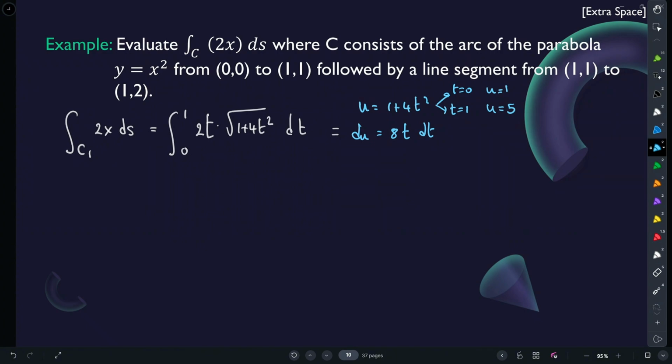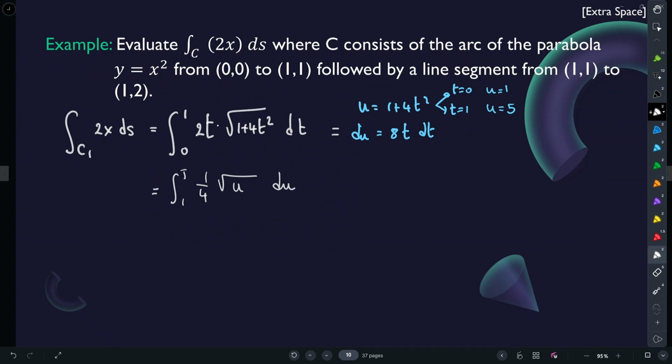And I can just integrate this. This is going to be the integral from 1 to 5, or 2 times, this is a fourth of the square root of u du.